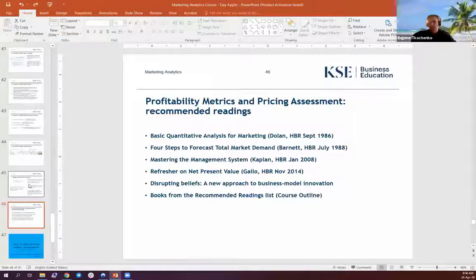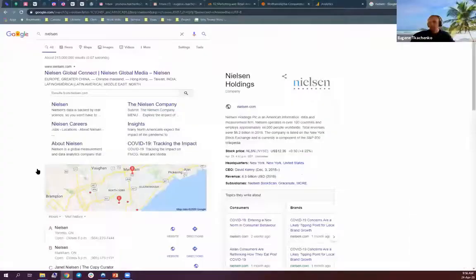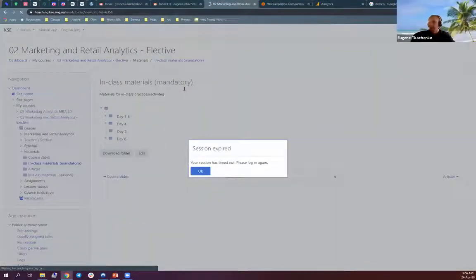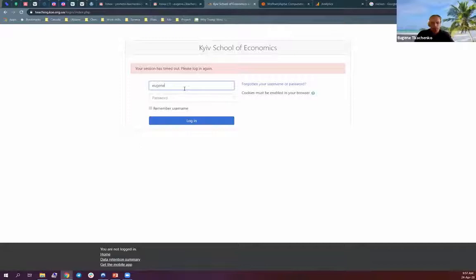Okay, so I also uploaded several articles. They are all under the articles folder in Moodle, so you can go and check them by yourself. What I encourage you to do, if you don't have prior exposure to all these metrics, is read two good articles.